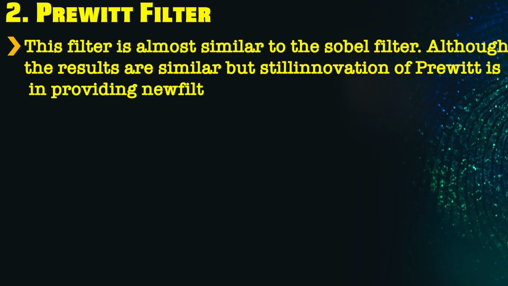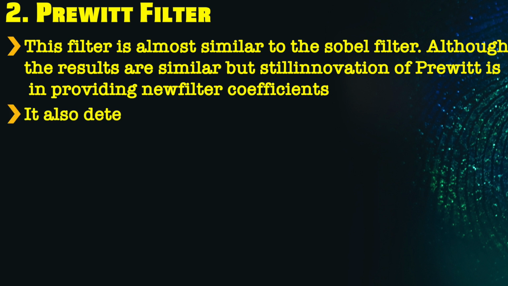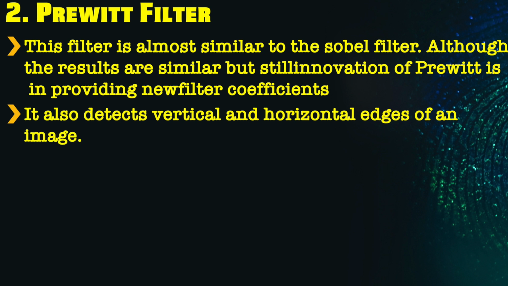Now let us go to another gradient filter. It is very similar to the Sobel filter, although the results are very similar to the Sobel filter, but still the innovation of this scientist Prewitt is that he has not used the same coefficients, he has given new filter coefficients. It also detects vertical and horizontal edges of an image.